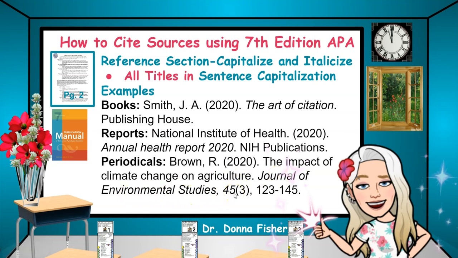I always find that fun to do because that little tip of how you know when to italicize and not to italicize, because many of your sources will be from journals, obviously, is neat to know. And then notice for page number here, they didn't put PP. So in the reference section in the back, your last thing that you put into your paper is your reference section. You don't put the PP in that reference section list.